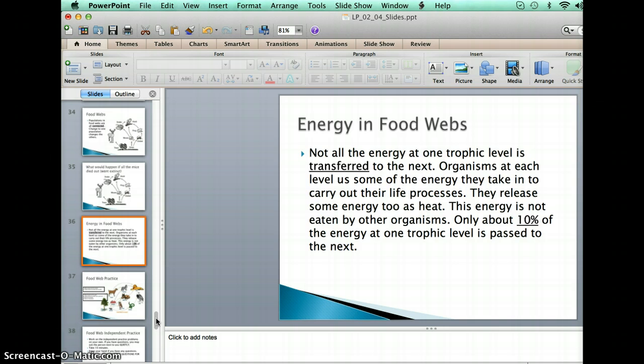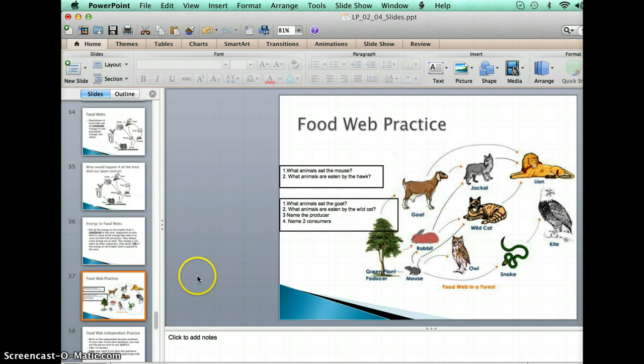Okay, so let's do a few practice questions together. Looking at the food web on your notes, and it's also up here, you're going to answer the questions in the two boxes.